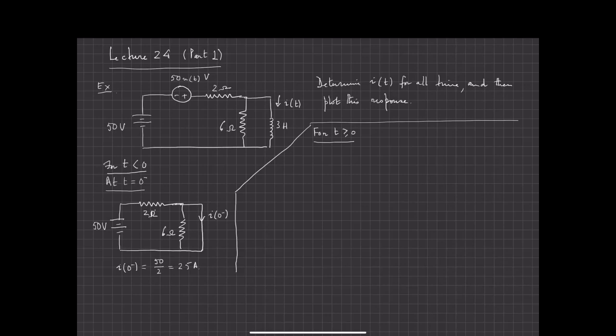Basically, let me redraw it so that you see it. It's this 50-volt source, and this 50-volt source is now in the circuit. Okay, this is 50 volts because u of t for t greater than 0 is 1.